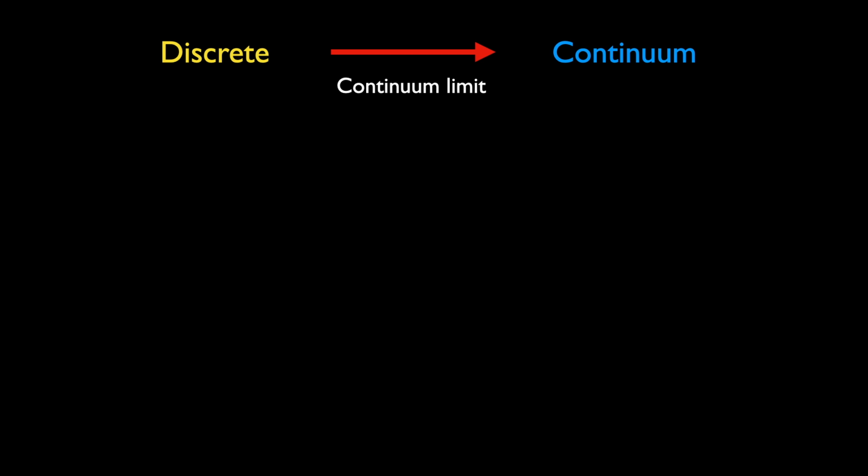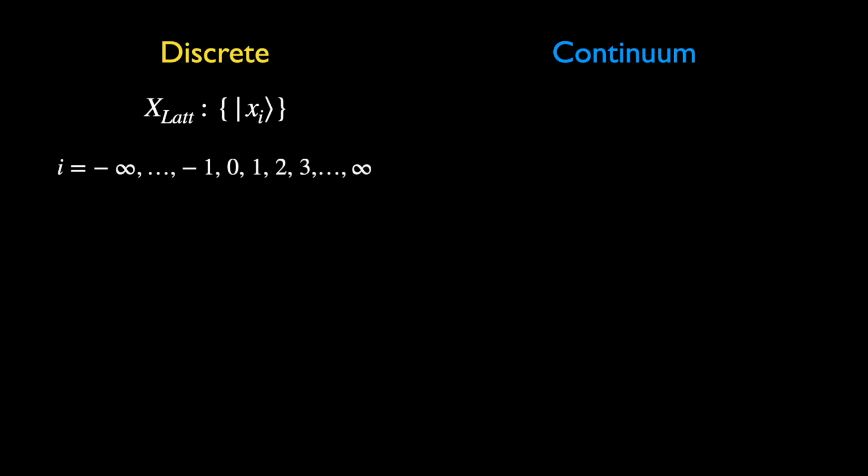We now make a comparison between the discrete and continuum vector spaces, and see how objects in the continuum can be derived from those in the discrete space by taking a continuum limit. A set of discrete basis states lives on the lattice along the x-axis. The particular basis we have chosen consists of states of definite positions at the lattice points.